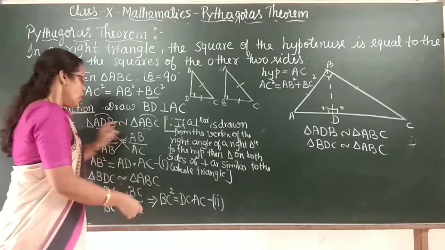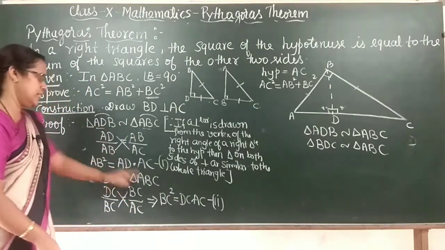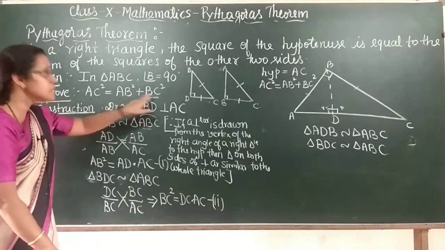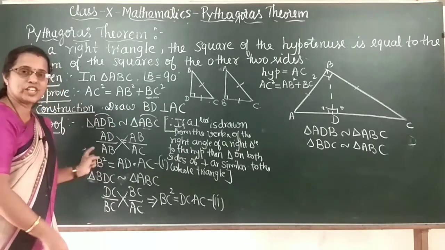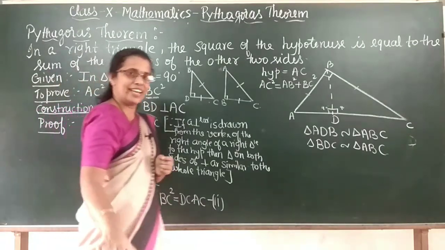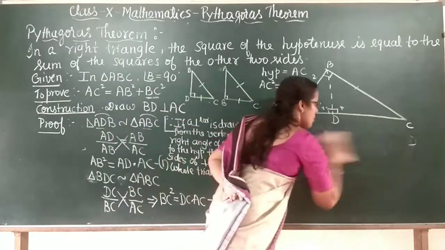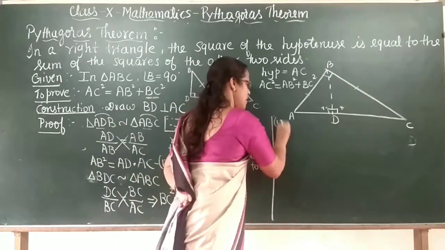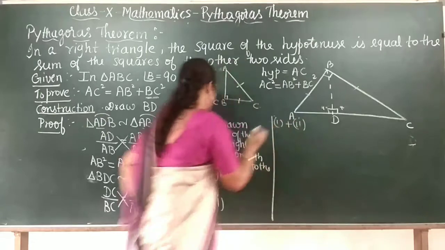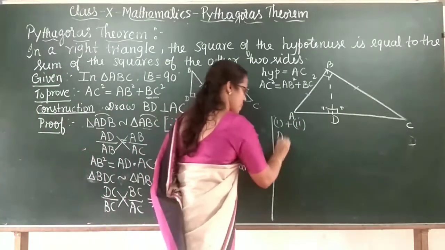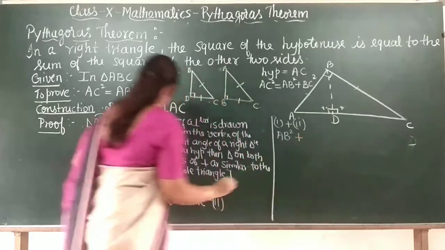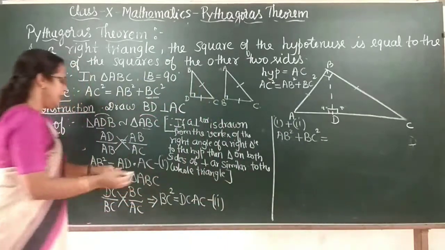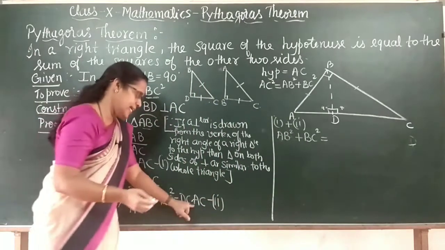So then equation 1 and equation 2. See, AB square, BC square. I want AB square plus BC square. These both equations I have to add, children. Can we add this? Okay. Add 1 and 2. AB square plus BC square is equal to AD into AC plus DC into AC.